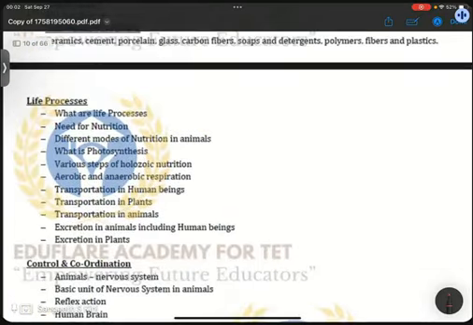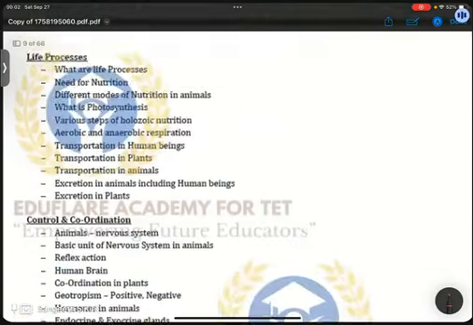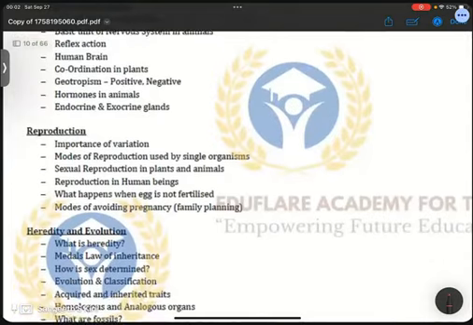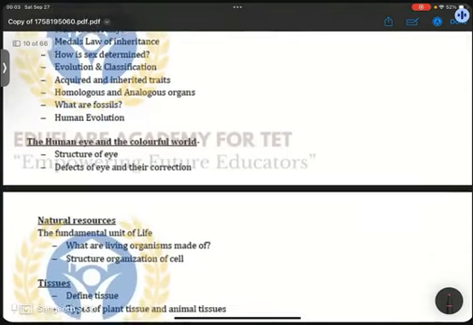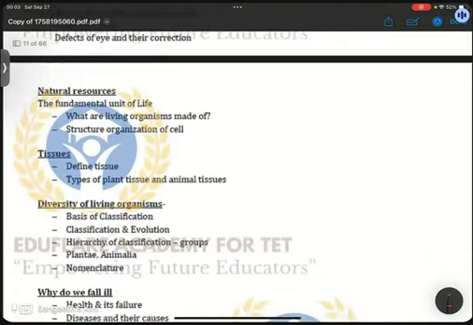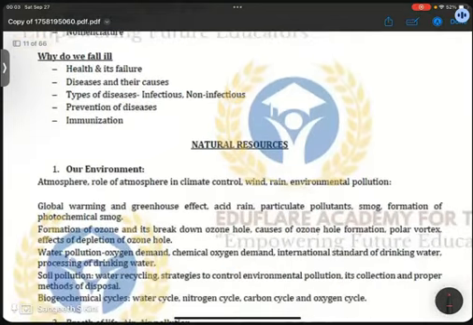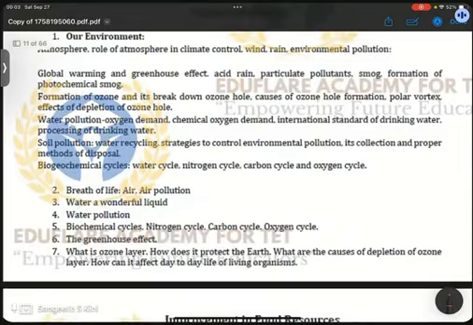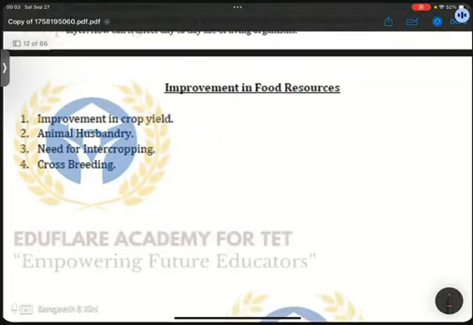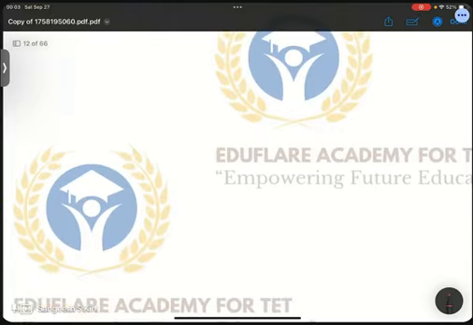So here you need to deal with both biology and physics: reproduction, heredity and evolution, the human eye and the colorful world. And the natural resources, our environment, improvement in food resources. This is the syllabus of science.